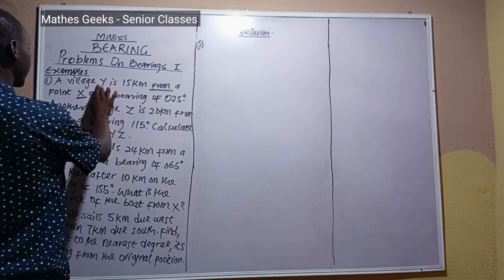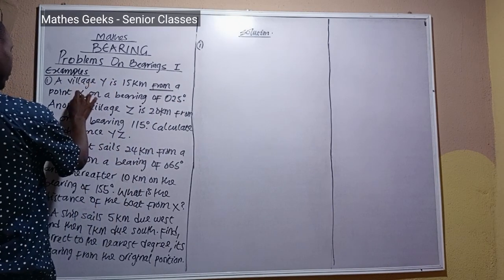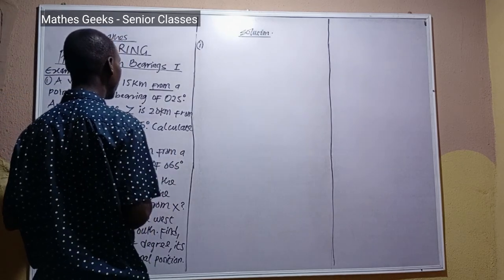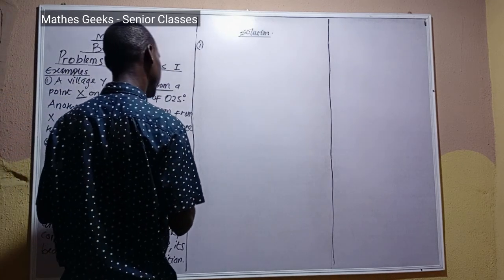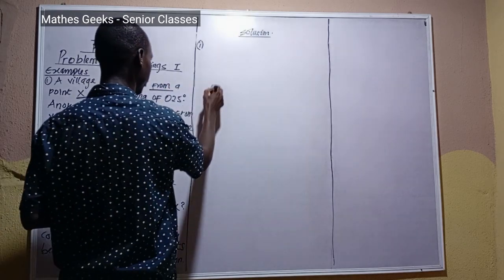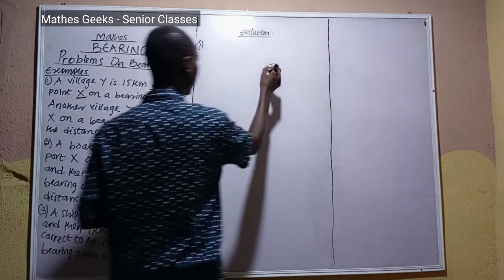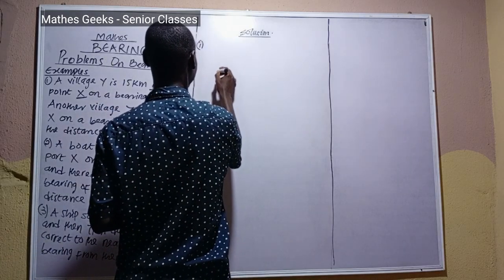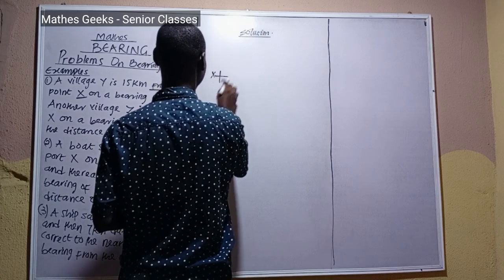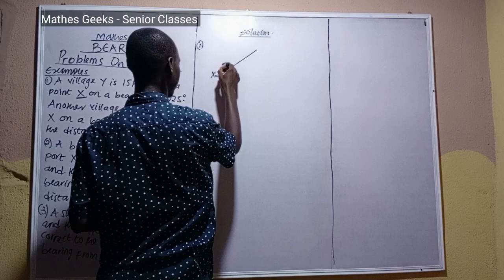So the direction of Y is measured from the point X, on a bearing of 025 degrees. If 025 degrees, it means it's going to go up this way. So I'm going to put my X here, on this compass line. 025 degrees will be something like this.